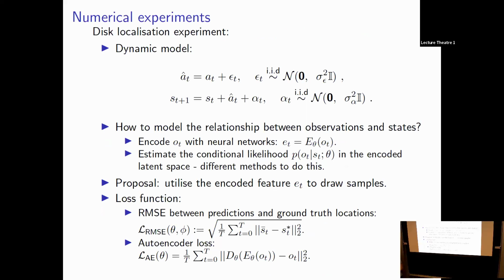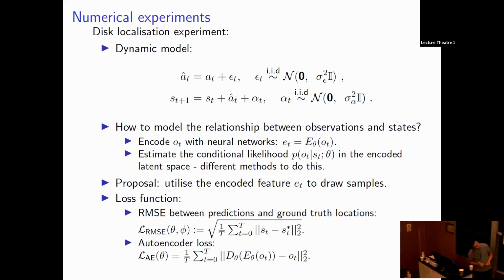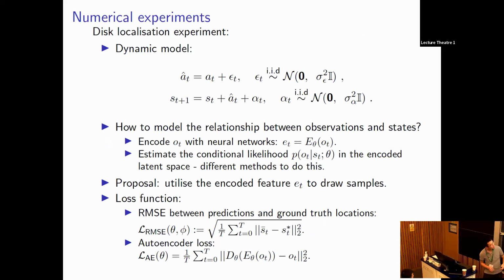Those are just the setup of the state and the dynamic model, and those are the loss functions we use. Here we are performing supervised learning, because in simulation we know the ground truth, so you want to minimize the mean square error.